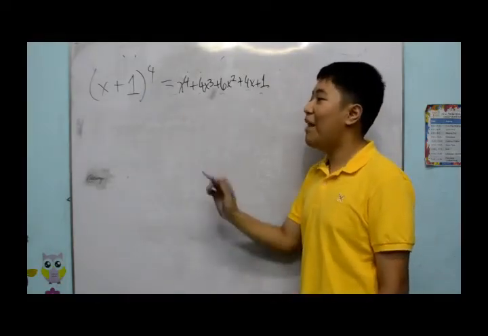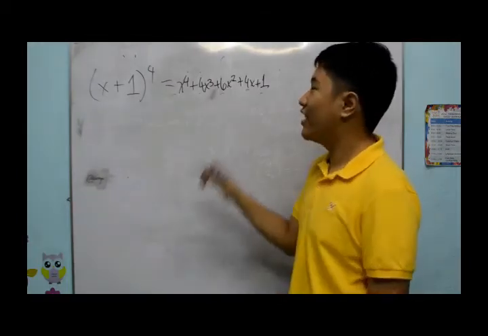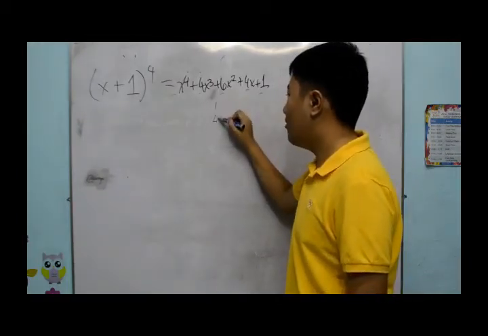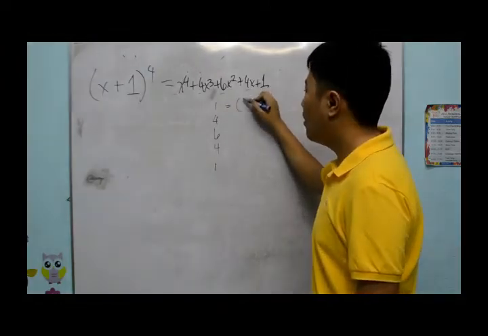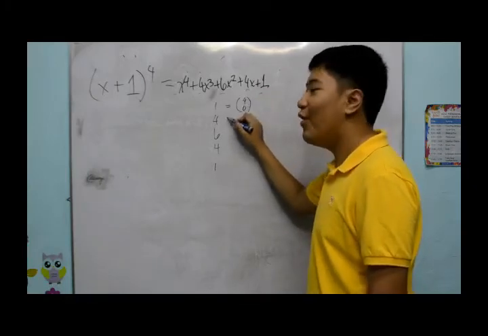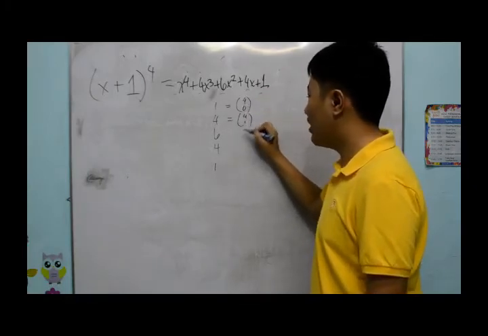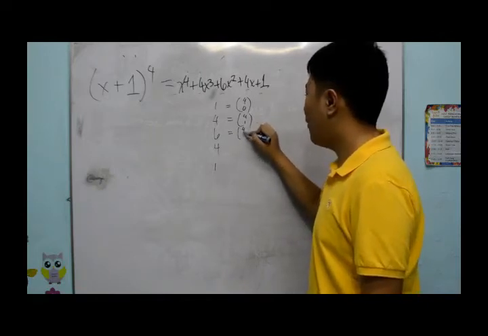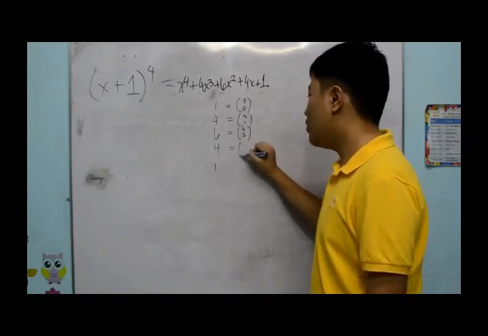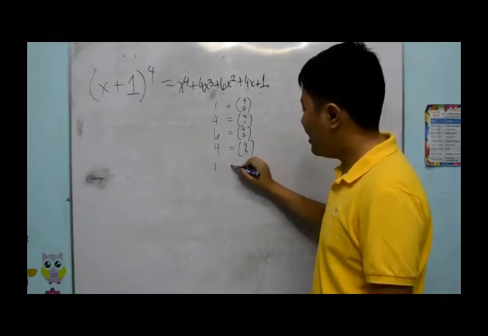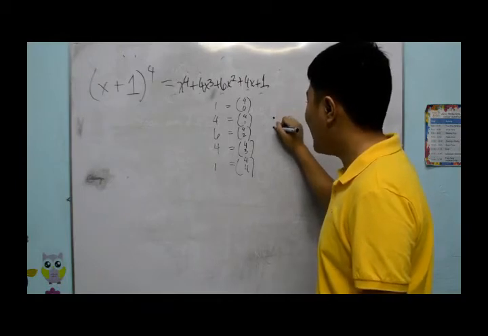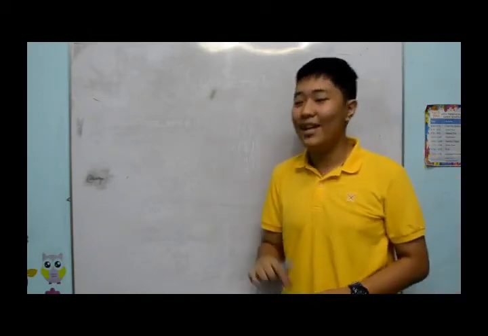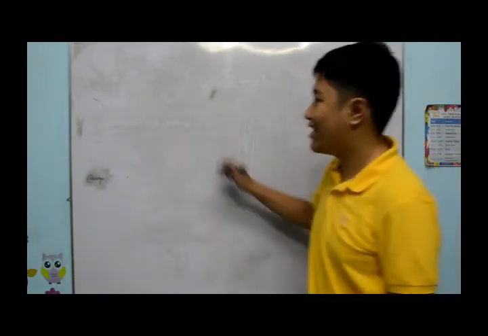You might notice this as Pascal's triangle, but there is another pattern to it. 1 is equal to 4 choose 0. 4 is equal to 4 choose 1. 6 is equal to 4 choose 2. 4 is equal to 4 choose 3. 1 is equal to 4 choose 4. Wow, that's magic. Let's try another example, but this time instead of Pascal's triangle, we use combinatorics.